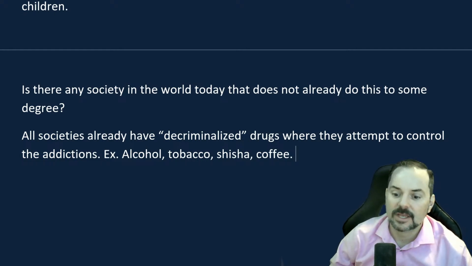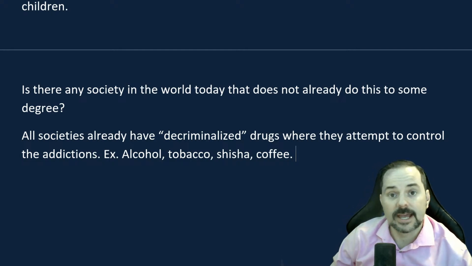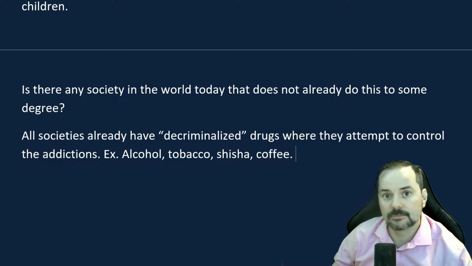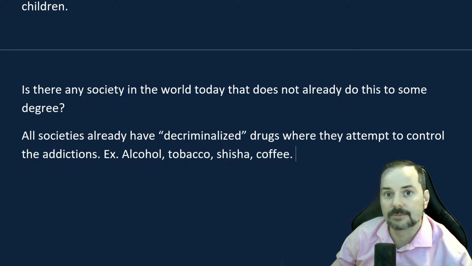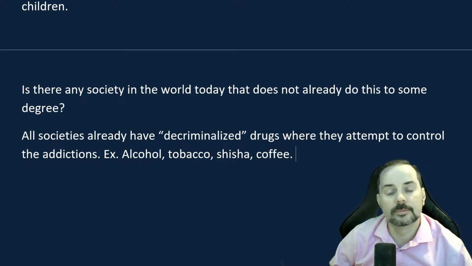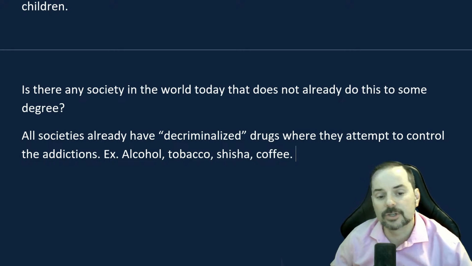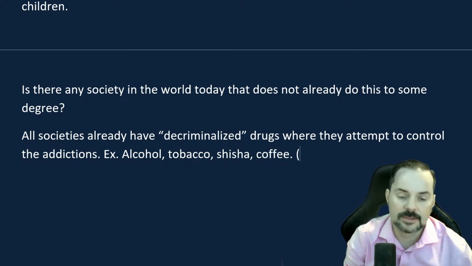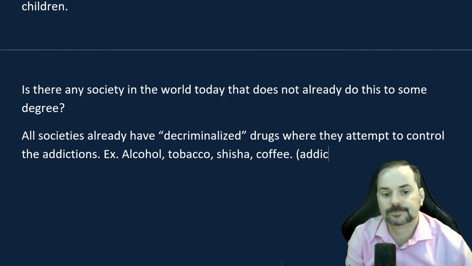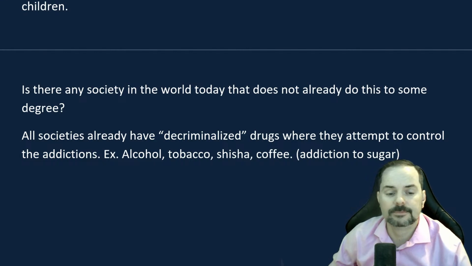All right. So yes, indeed, every single society already has been dealing with this, since we've had societies for hundreds or even thousands of years, right? So humans' addiction to certain drugs. And if we want to really stretch our imagination, then even addiction to sugar can be grouped in with this.